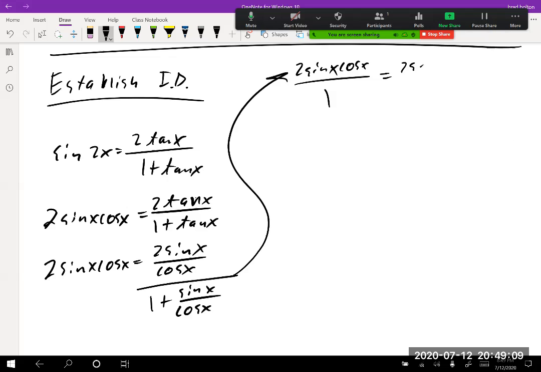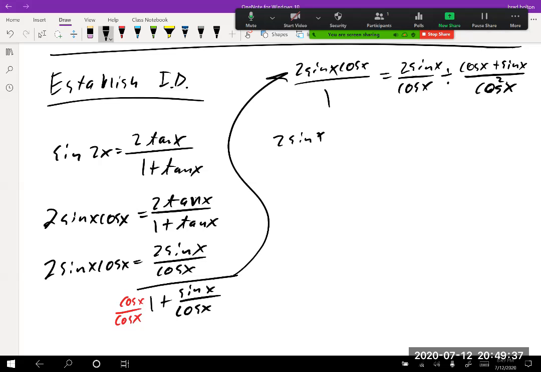Now, if I want, I could multiply this by cosine x over cosine x, so they have the same denominator. And I could divide by cosine x plus sine x all over cosine squared x. Let's see if that does anything.